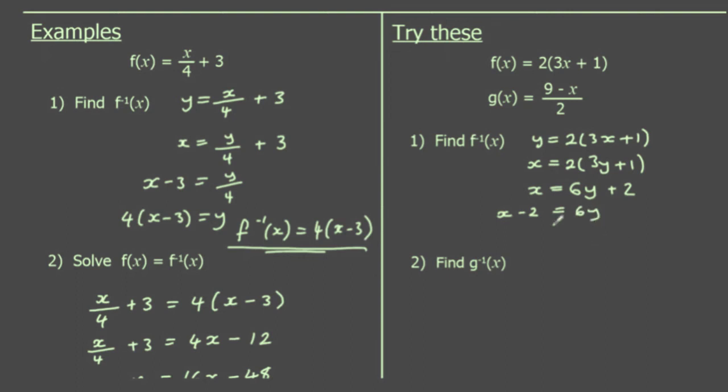So x minus 2 is 6y, and then divide both sides by 6. y is (x minus 2) over 6. So our inverse function f inverse of x is (x minus 2) over 6.